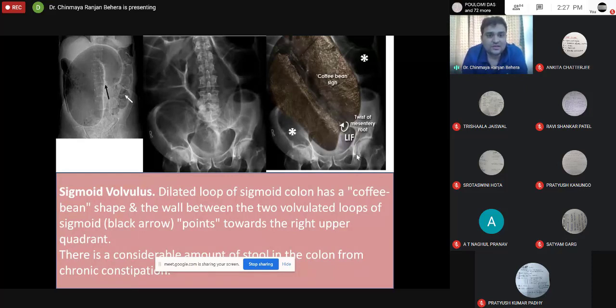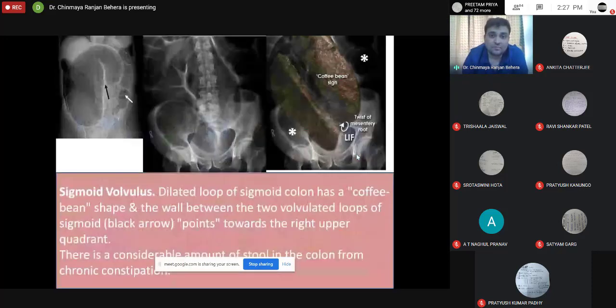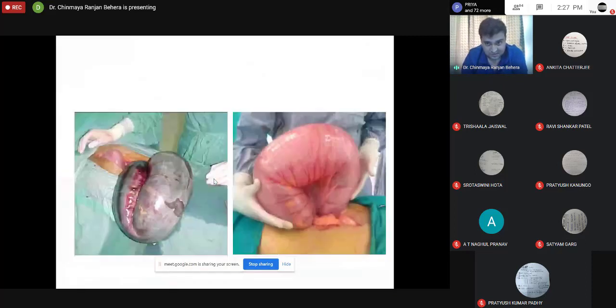So what do you mean by sigmoid volvulus? The sigmoid gets rotated on its own axis. This is an intraoperative picture of the same patient. When you open up, either you can see a sigmoid without gangrene, or sometimes you might see a sigmoid with gangrene.